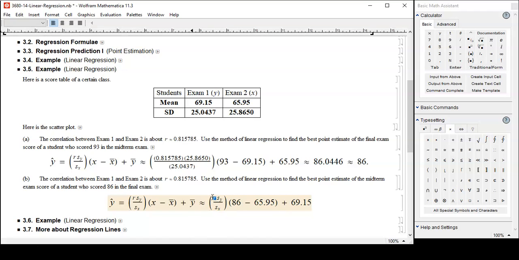Now the correlation is 0.81 something, that doesn't change. Now Sy is here, and then Sx is this one.